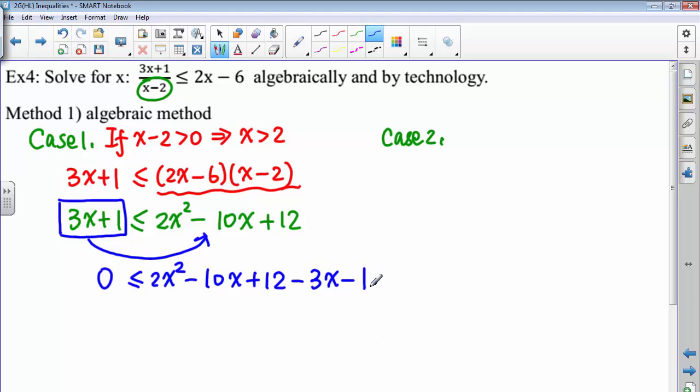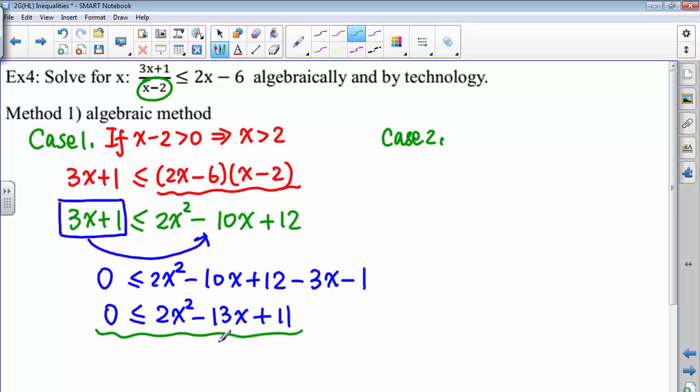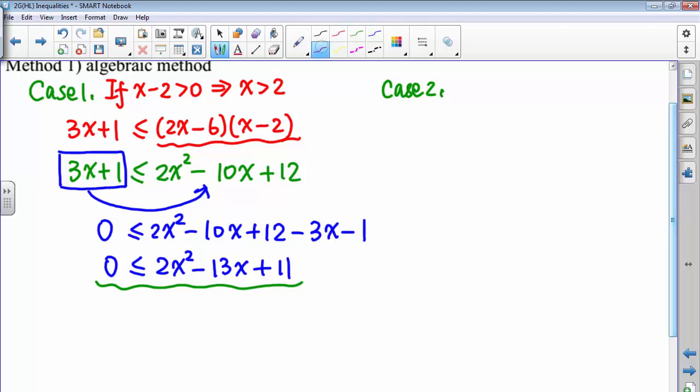Okay, let's combine the like terms. So it's 0 is less than or equal to 2x squared minus 13x plus 11. I know most of you don't like this expression. You are more familiar with 2x squared minus 13x plus 11 on the left-hand side and the right side being 0.